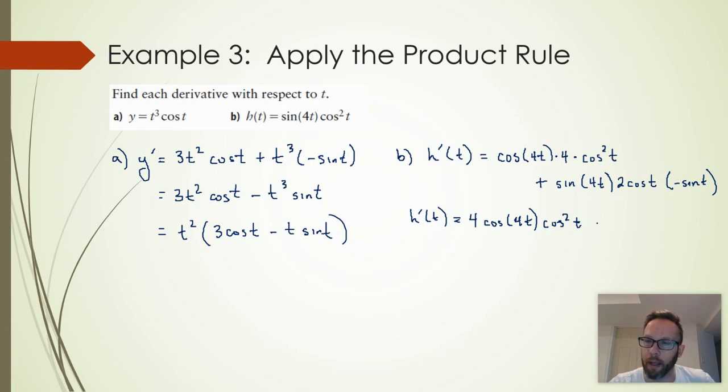And the second term, we might be able to do a little simplifying. So we do have a negative. We'll have sine 4t. And if you look, we have 2 cos t sine t.